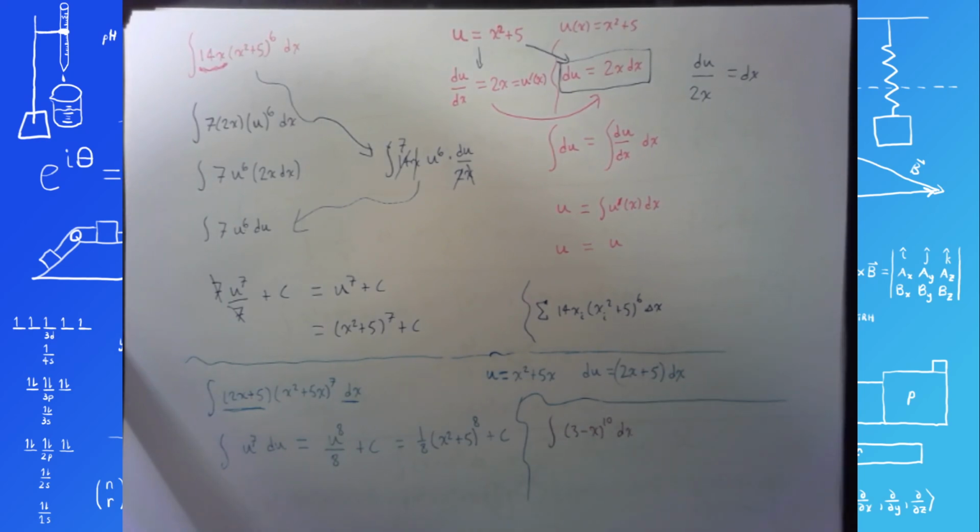Okay, you look at this and you go, wait a minute, I don't see a derivative in here anywhere. Well, that's because the thing that you can take the derivative of will give you a derivative that's a constant.